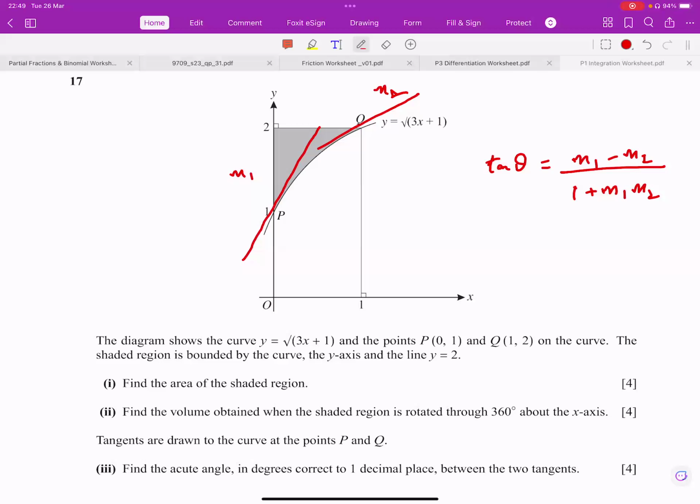Just input the values of M1 and M2, the gradient of the curve at P and the gradient of the curve at Q, and you'll find the angle. So that's basically coordinate geometry. You're saying the first 2 parts you were able to do. Okay, that's good.